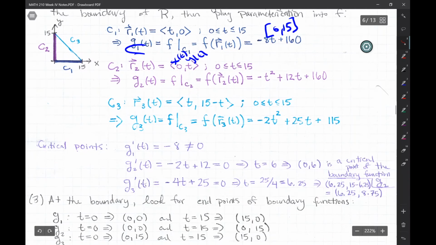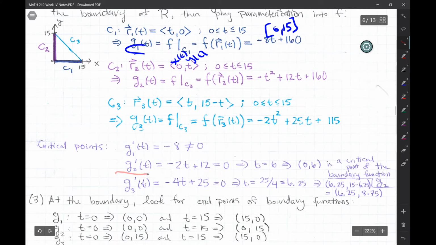And so for category 2, we're looking for critical points of our boundary function. So what do we do? This is now back to Calc 1 territory. You're talking about critical points of functions of one variable. So we take the derivative of the first one, and we get -8, and that's never 0. So the function does not have a critical point on C1, a boundary critical point.